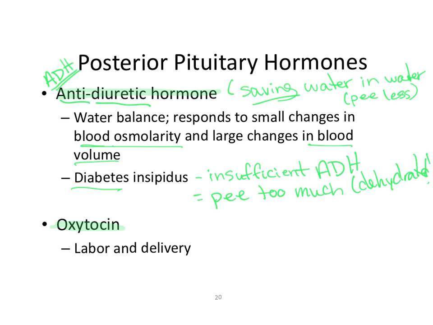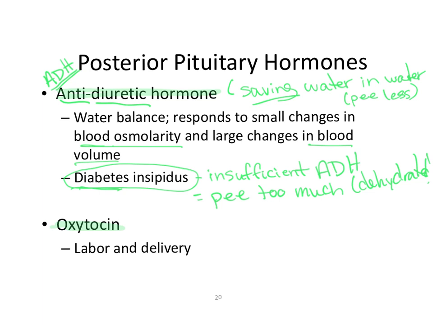It literally means overflow, and it means that you have a lot of urine production. So diabetes means that you have excess urine production. Insipidus means it's very watery. Diabetes mellitus is the sugar one. We're going to talk about that next time. Okay, so diabetes insipidus is a disease where you have insufficient ADH. You produce too much urine and you can get dehydrated.